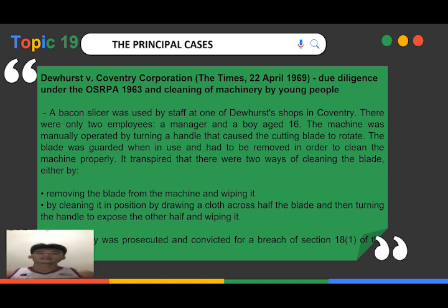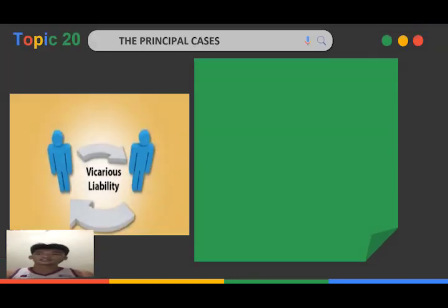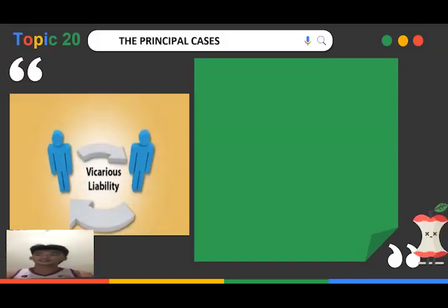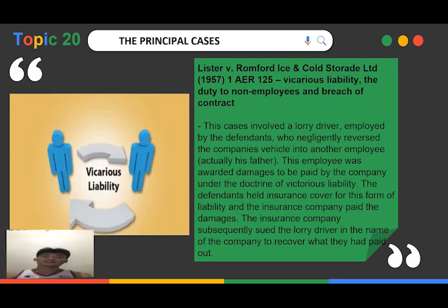So next is Mr. V. v. Romford Ice and Cold Storage Ltd., 1957, 1 AER 125, a vicarious liability, the duty to a non-employee and breach of contract. This case involved a lorry driver employed by the defendant who negligently reversed the company's vehicle into another employee, who was his father.